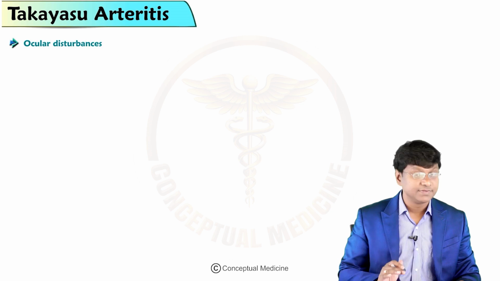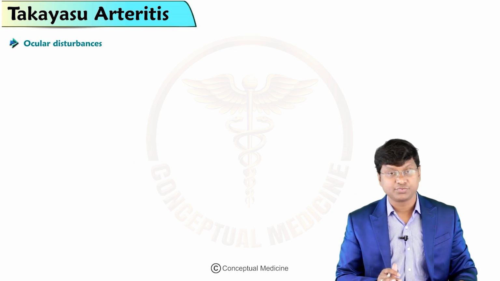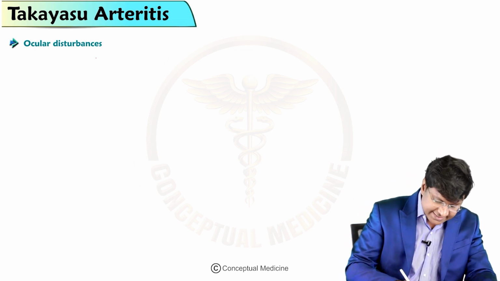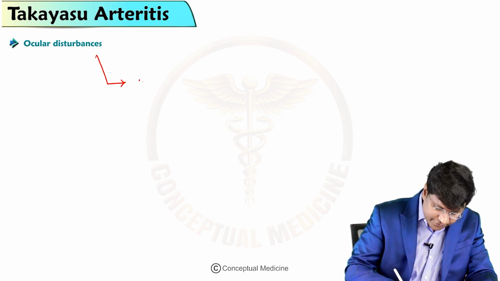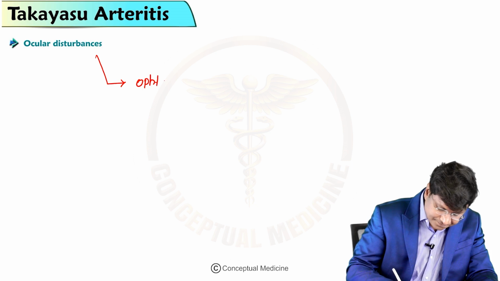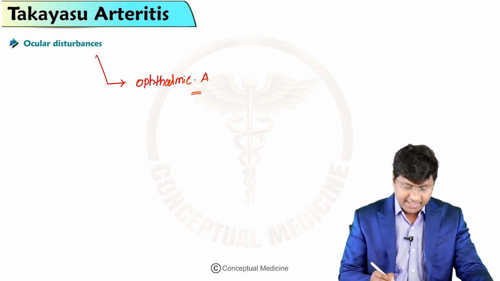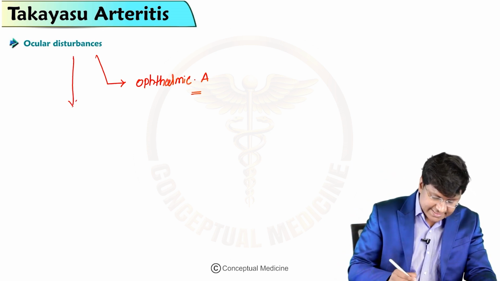Now I've said that there will be ocular disturbances in patients with Takayasu arteritis, and let me tell you, that is mainly because of the involvement of the ophthalmic artery. This ophthalmic artery is a branch of the internal carotid artery. And what will be the visual disturbances?